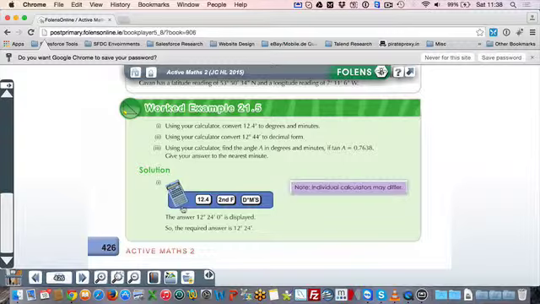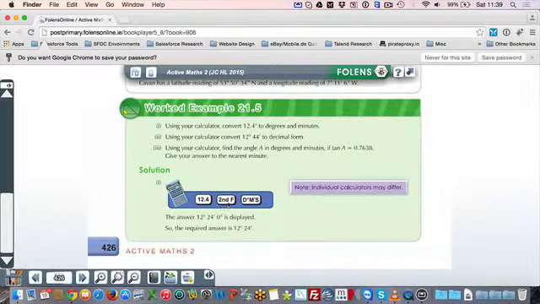You know how to do it, Dylan? Where's the DMS button? 12.4, equals, then you press the DMS button, and it converts it into 12 degrees, 24 minutes and 0 seconds. You all okay with that?